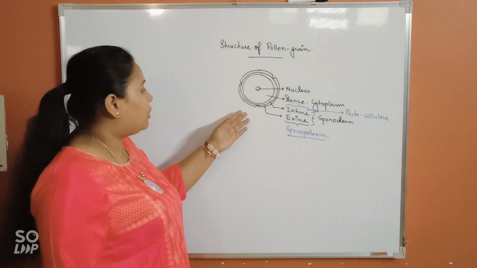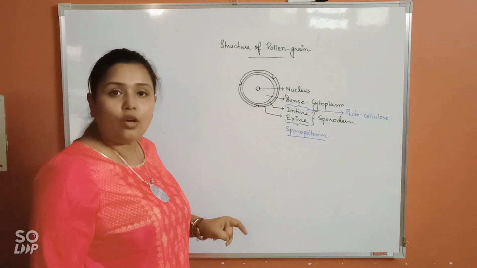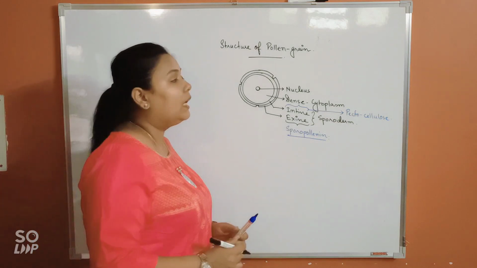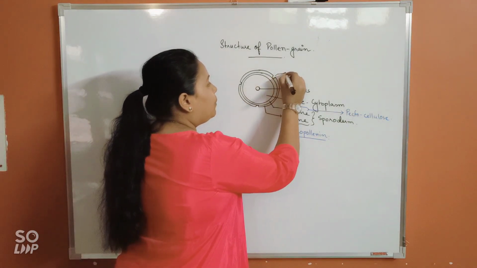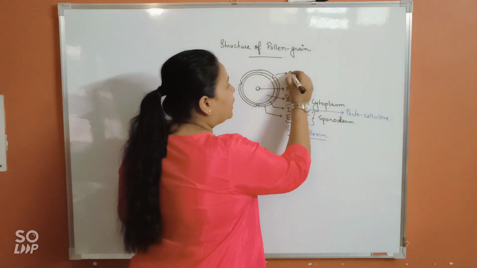It might be thicker like intine here, or else callose can be deposited here, but sporopollenin will be absent. Alright. So this portion, the condition where sporopollenin is absent, would be termed a germ pore.